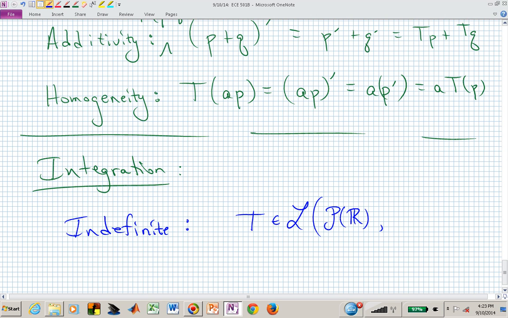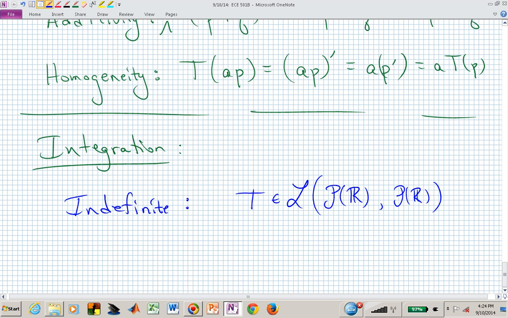What's the codomain? What's the output of that operation, the indefinite integral? It's the same, isn't it? It's the same vector space. That's P of R.